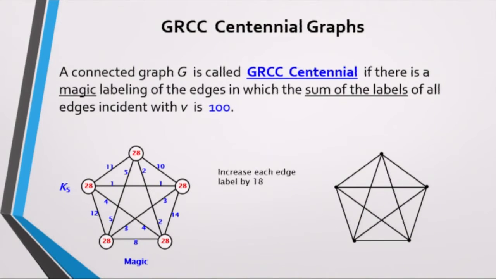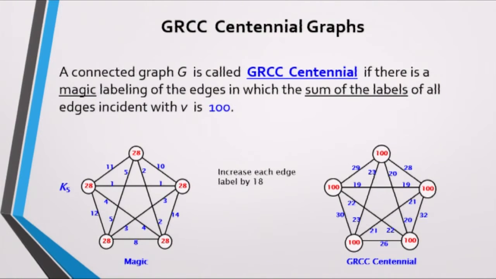So 1 becomes 19. 2 becomes 20. And here is a GRCC Centennial graph.